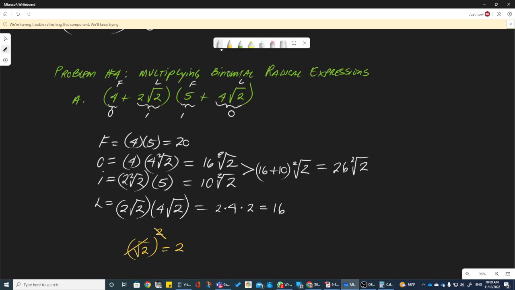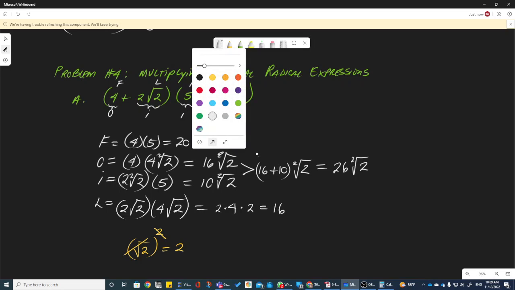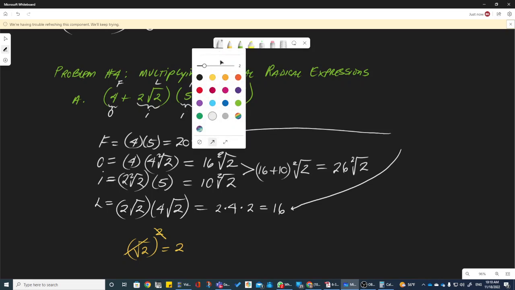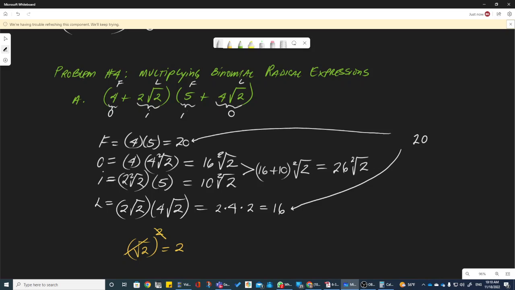And you can take this number and that number and you can combine them now, right? So you can say 20 plus 16 equals 36, okay?